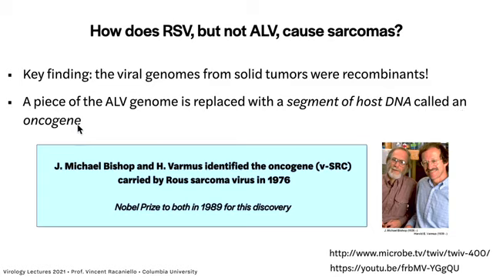So Rous sarcoma virus is actually ALV with a piece of its genome replaced with a piece of host DNA. Bishop and Varmus identified the piece of DNA in Rous sarcoma virus. The oncogene they called v-src, or src for sarcoma. And they got the Nobel Prize for that work. So this is an important concept.